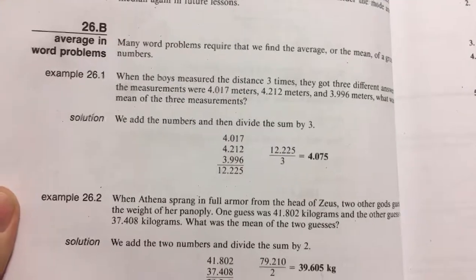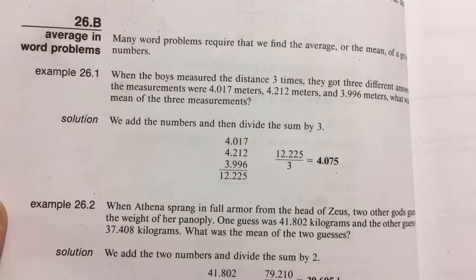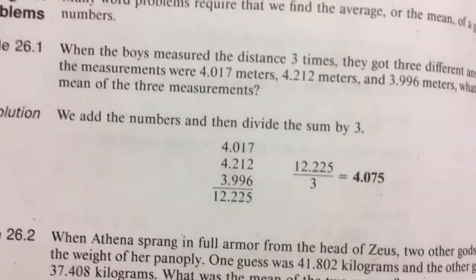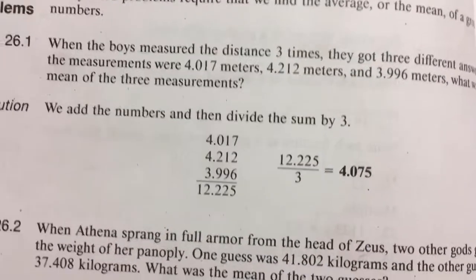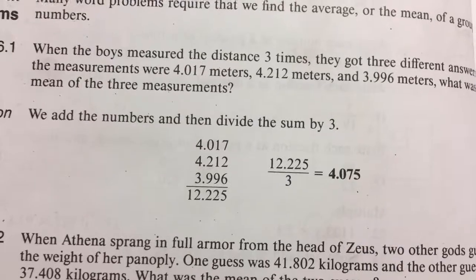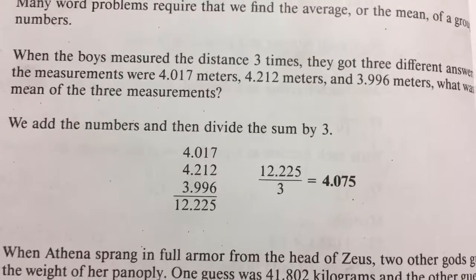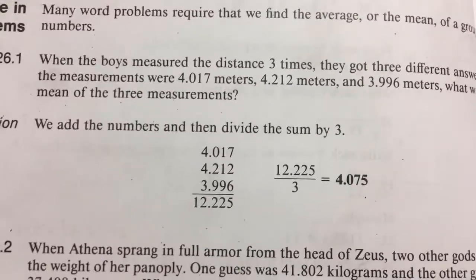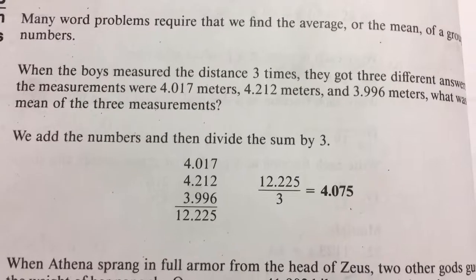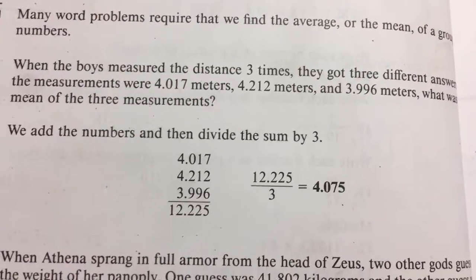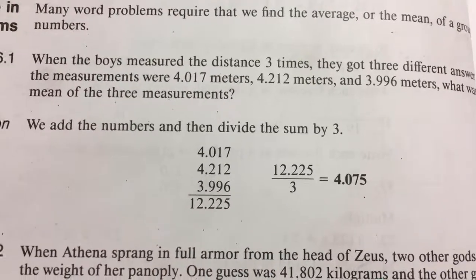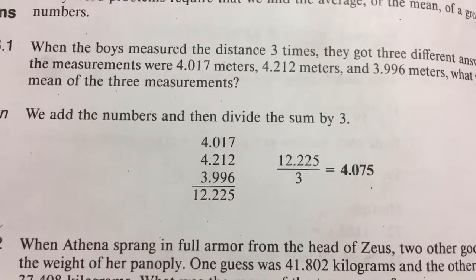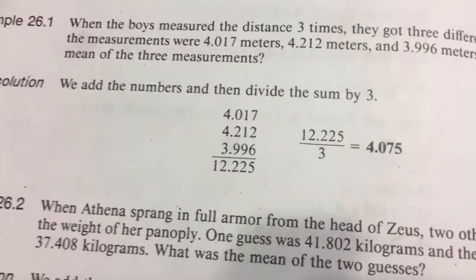Okay, so first we're going to do average and word problems. We're going to look at example 1 here. When the boys measured the distance 3 times, they got 3 different answers. The measurements were 4.017, 4.212, and 3.996 meters. What was the mean of the 3 measurements? Now notice what they're doing. They're adding all the digits up.